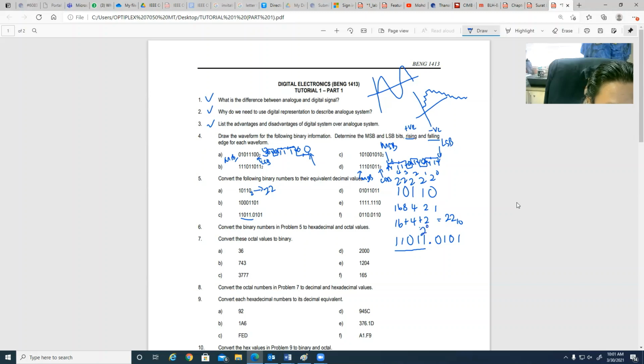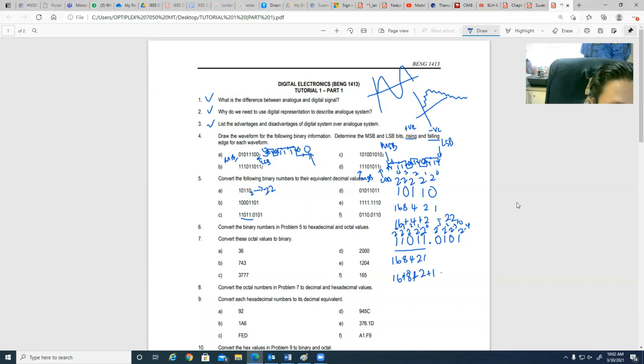Start from 2 power of 0, 2 power of 1, 2 power of 2, 2 power of 3, 2 power of 4. For the fractional part it will be 2 power of negative 1, negative 2, negative 3, negative 4. So this one will be 1, 2, 4, 8, 16. So 1 multiplied by 16, plus 1 times 8, plus 0, plus 2, plus 1.